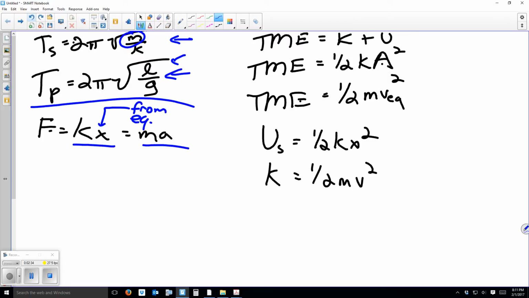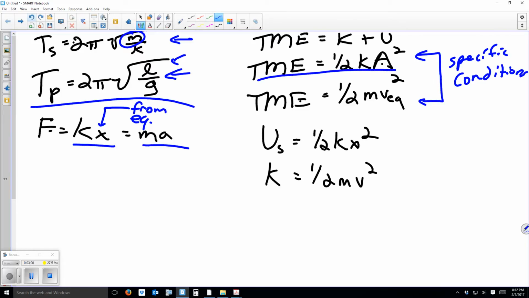A lot of the conceptual questions will also come with energy, sort of where energy is the greatest. And these two equations are kind of like that F equals kx equals ma from the left over there. These are specific conditions. If you are at your amplitude, then all of your energy is potential energy, so you use this equation because your x is your amplitude.